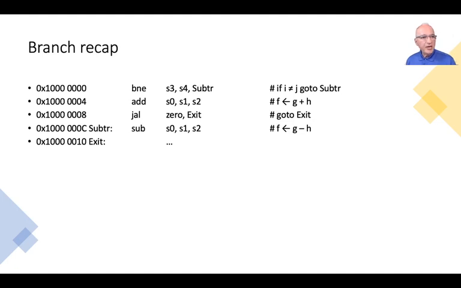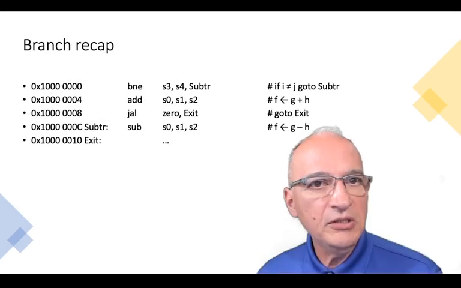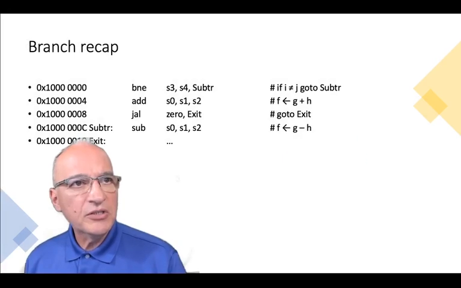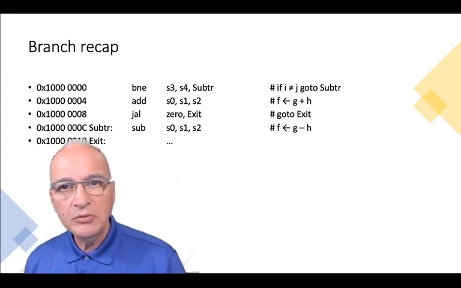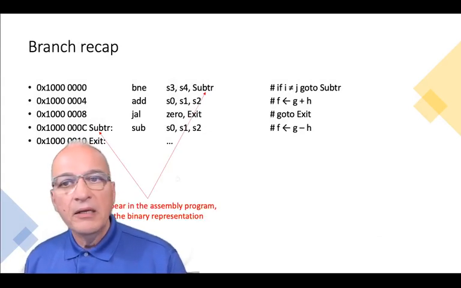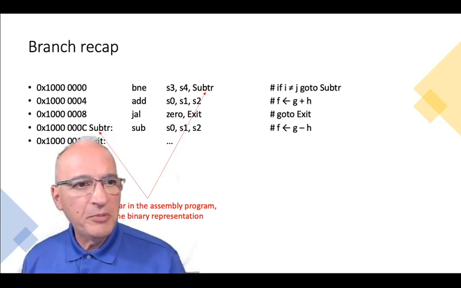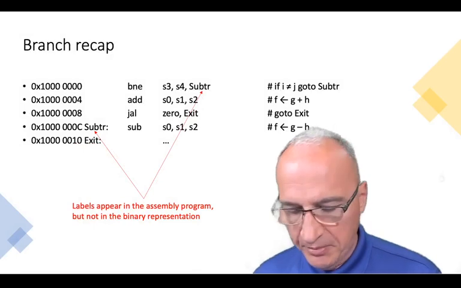So if we recap what we just learned, the branch instruction has a label, subtract, that appears in the assembly program, but never appears in the binary representation of the program.